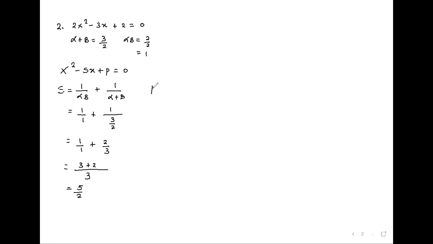Then we get P, which is 1 over alpha beta multiplied by 1 over alpha plus beta. Well, if you want to make your life hard, you can expand here so that you have alpha squared beta plus alpha beta squared. That is just wasting your time, because even if you expand, for you to get this correct, you have to factorize.